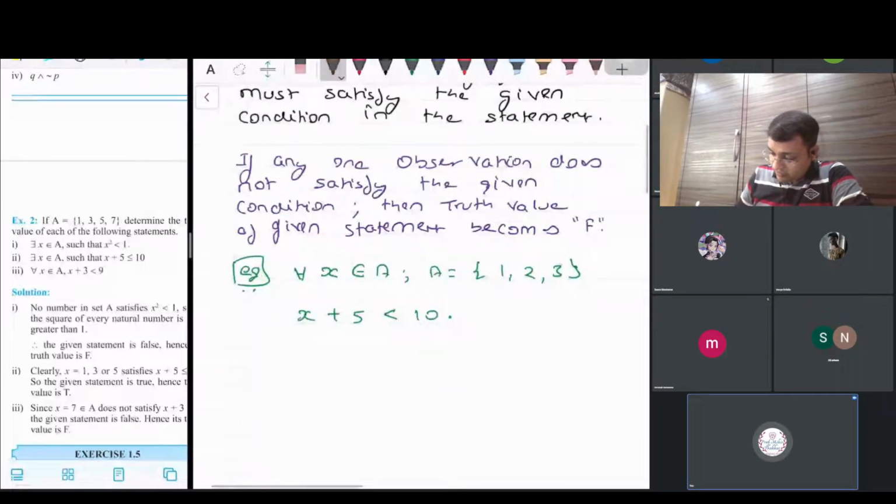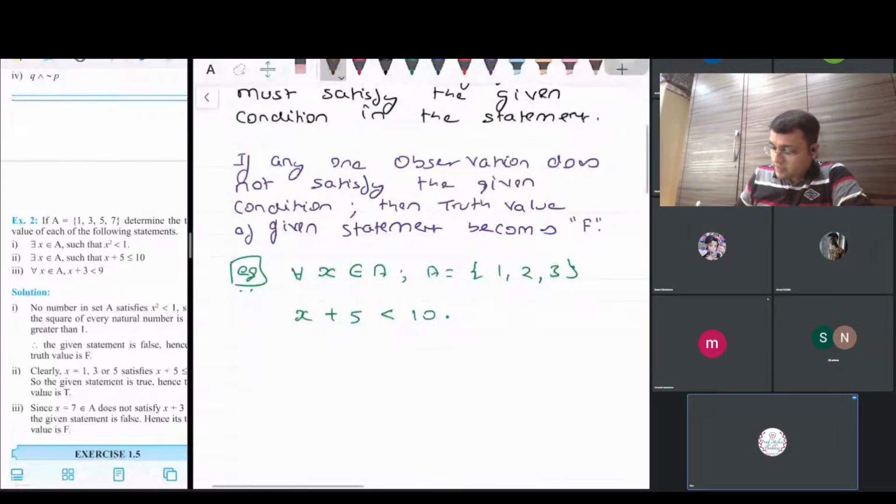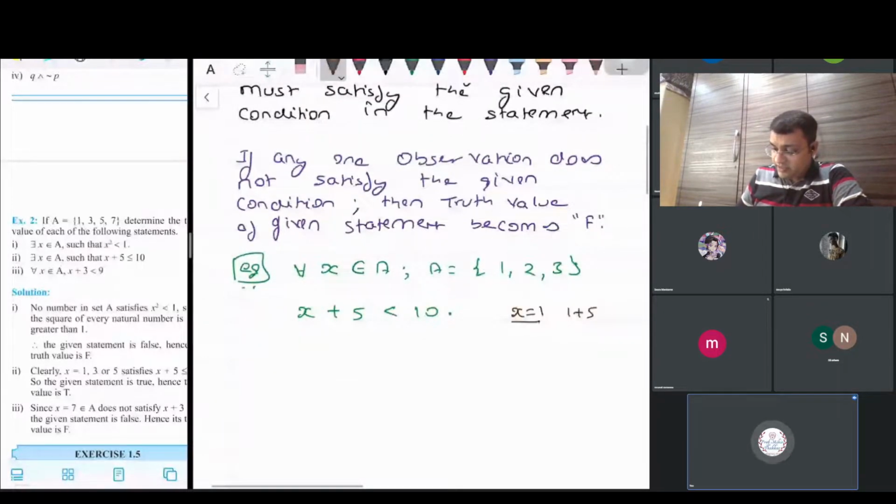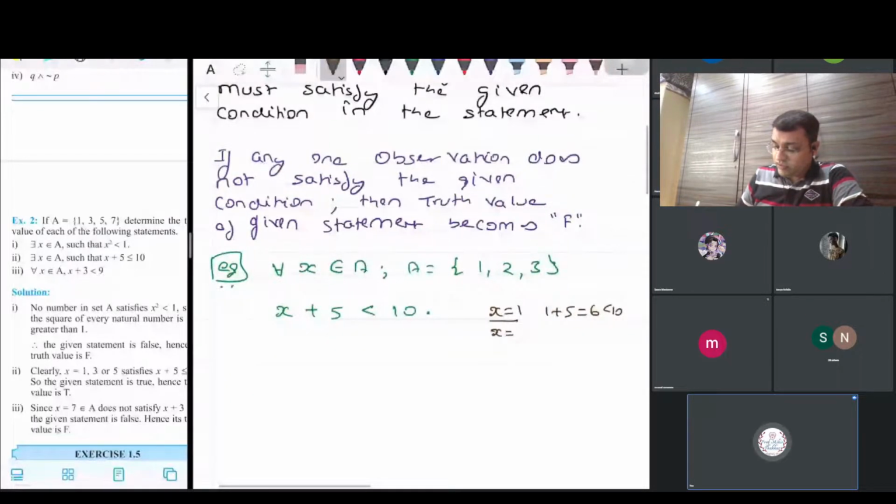So if x is equal to 1, I can say 1 plus 5 is equal to 6. Definitely it is lesser than 10. In the same manner, if x is equal to 2, I will say 2 plus 5, which is equal to 7. Again it is lesser than 10. And the last value, x is equal to 3: 3 plus 5, which is definitely 8, lesser than 10.